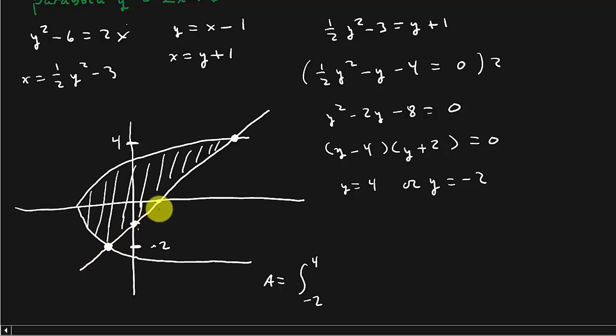So the function on the right is this y plus 1, since y equals x minus 1, which we have to put in terms of y. So we're going to have the y plus 1 minus the function on the left, which is the 1/2 y squared minus 3, dy.